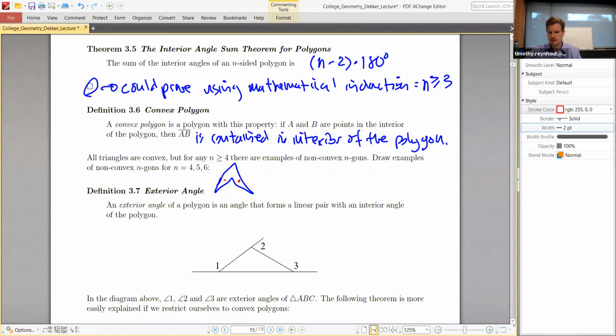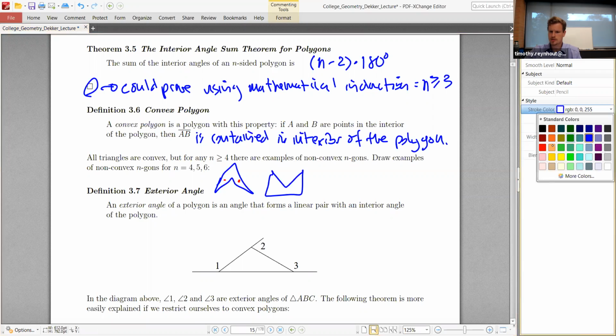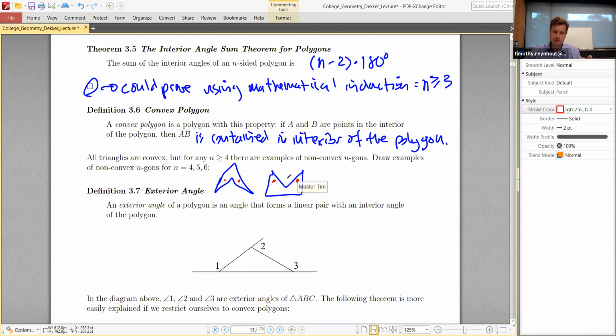For a 5-sided figure, I could consider, much like I drew earlier, the house, but instead of having the peak go up, I can dip down inside. Again, if I were to take 2 points inside, the line segment that connects them would go outside and then back in. So when we talk about the interior of a polygon, we're talking about inside the polygon, what's inside versus outside.